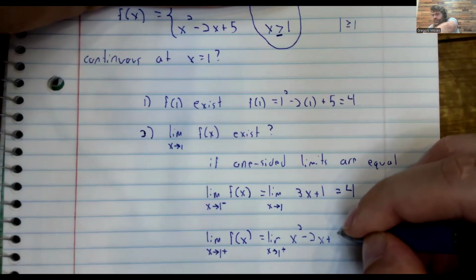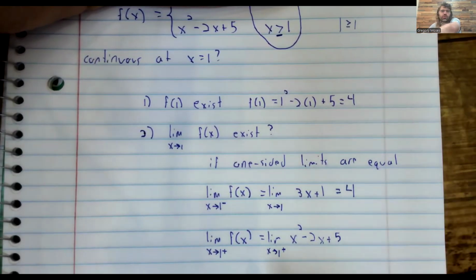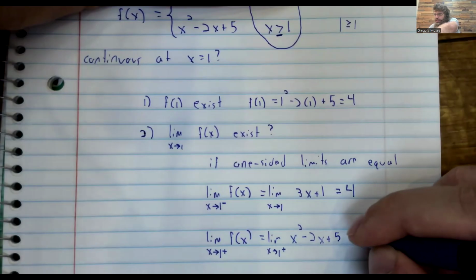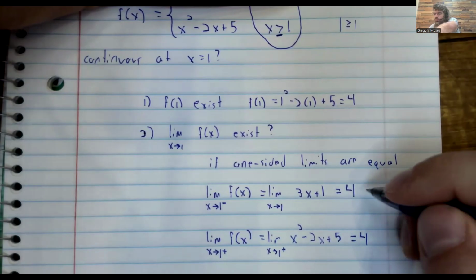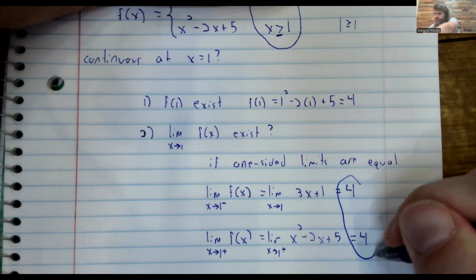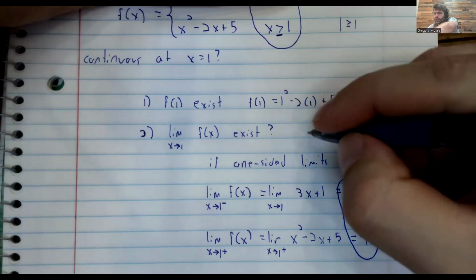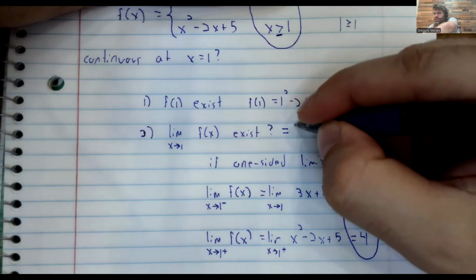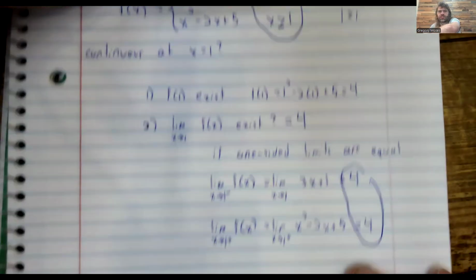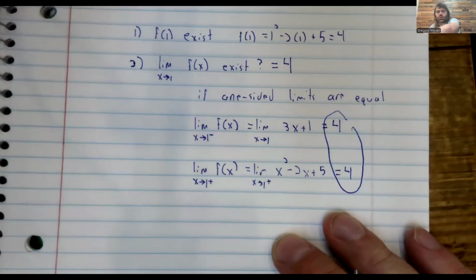And once again, for limits of polynomials, we just take the number and stick it in. 1 minus 2 is negative 1, plus 5 is positive 4. These numbers are equal. The limit exists. It equals 4.